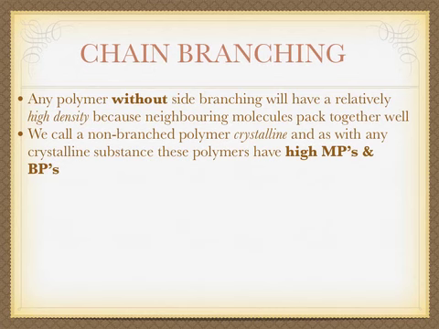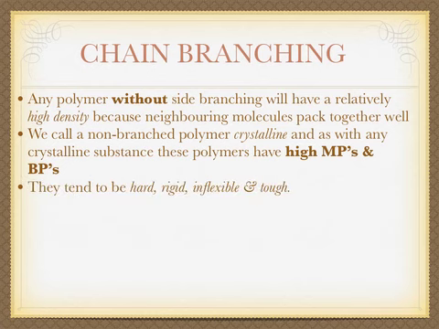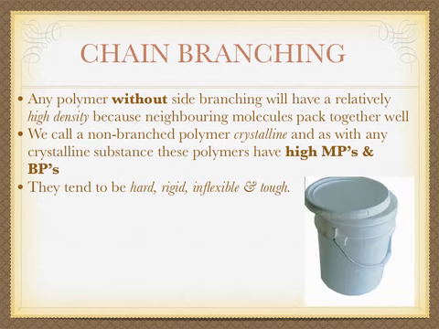That's true also of any polymer that does not have side chain branching. It packs together in a very orderly and stable fashion. So these tend to be hard, rigid, inflexible and tough, in the same way that those covalent lattices from the preliminary course exhibited these properties. Why? They're so tightly packed together, they're so orderly that they exhibit these hard, tough, inflexible properties. So the structure relates to their function.